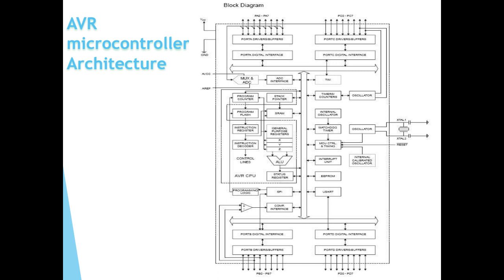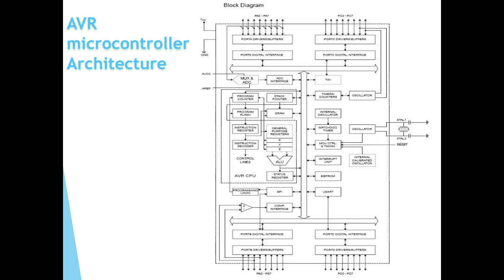We have the CPU of our AVR microcontroller. I explained about it, which includes the ALU and different registers. I also explained about the different registers of our AVR microcontroller CPU. It also includes different memories, for example, EEPROM. I explained about it in the previous session, if you remember.